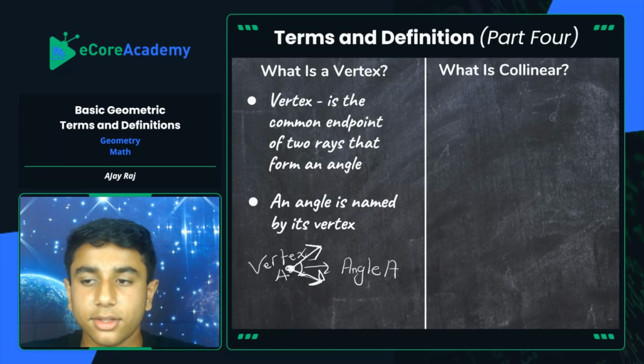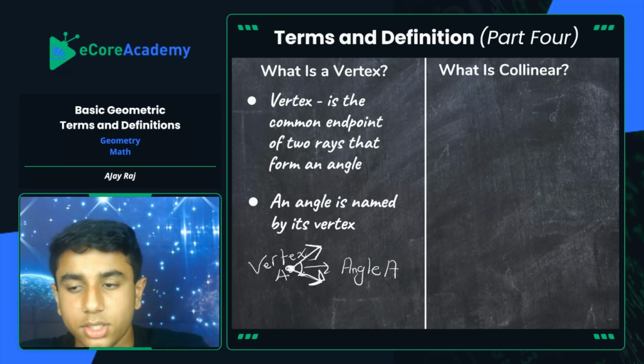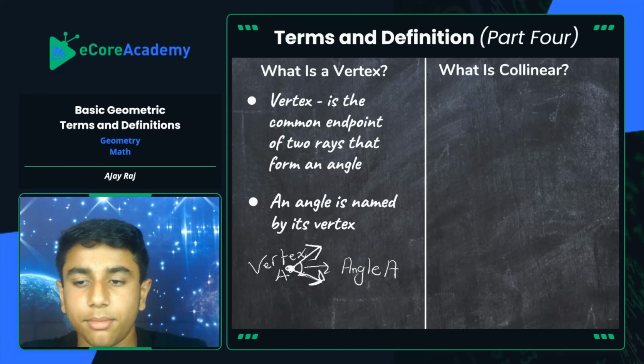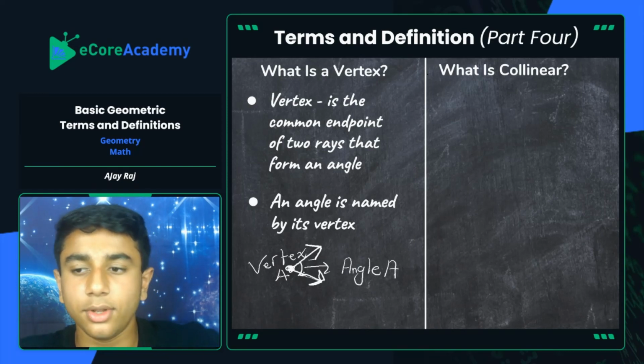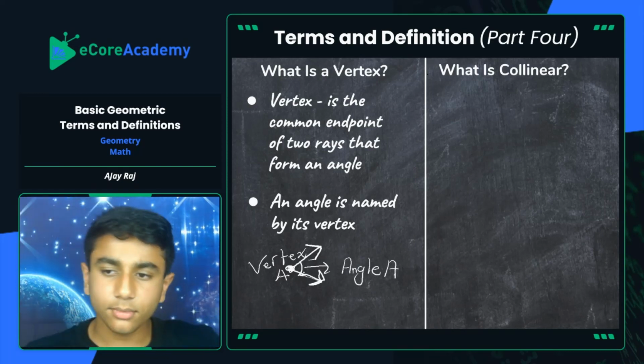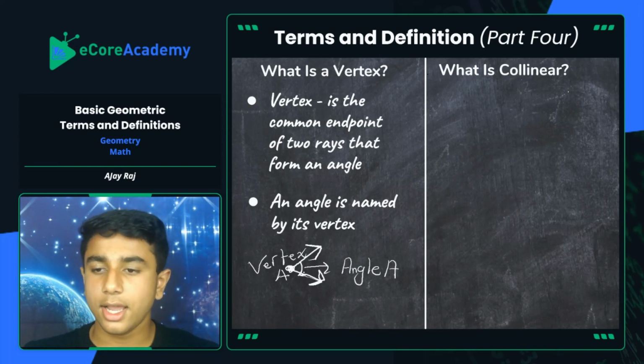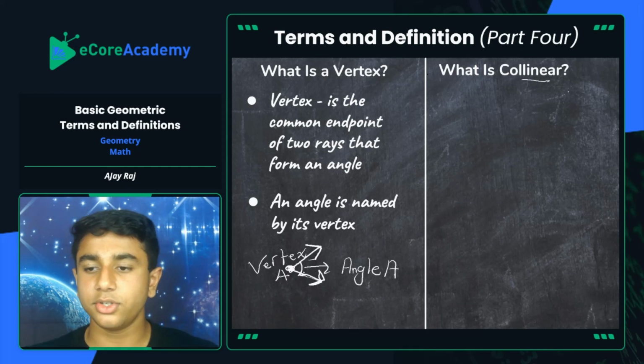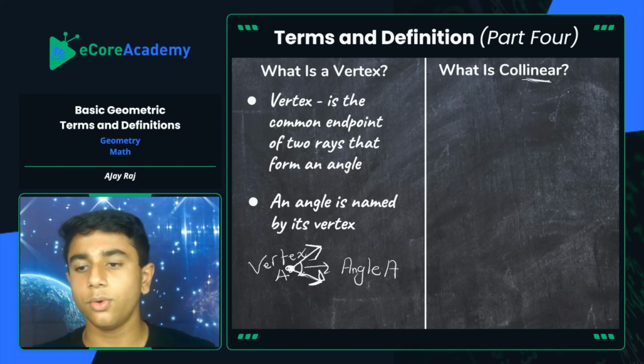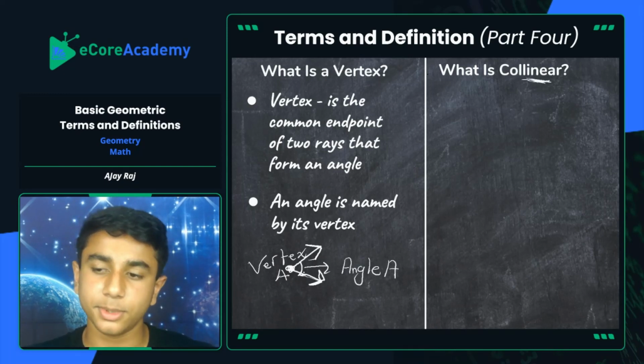And we're going to look at this next term, which is basically what is collinear. Collinear is a relationship between points, and I'll get into that. But as you can see here in the name root, it says line, and basically it uses a line to show whether or not points have a certain specific relationship.